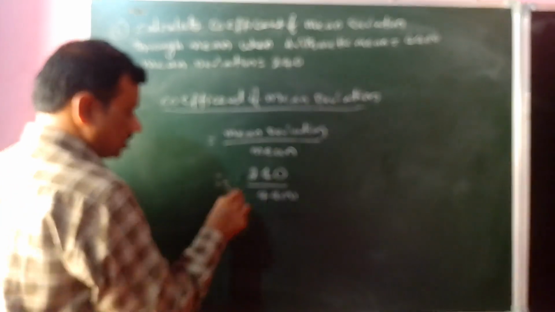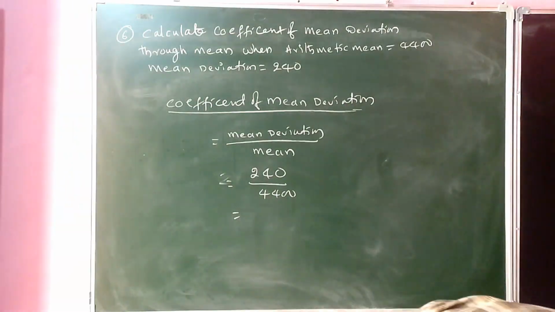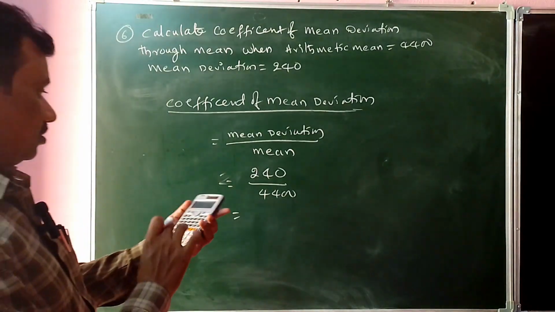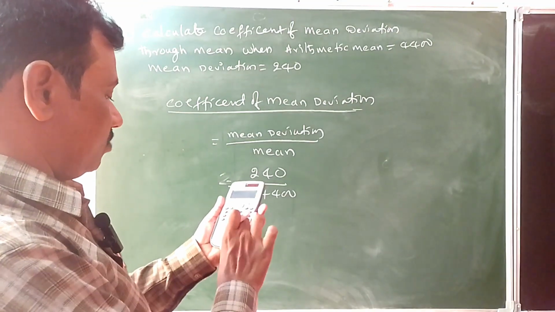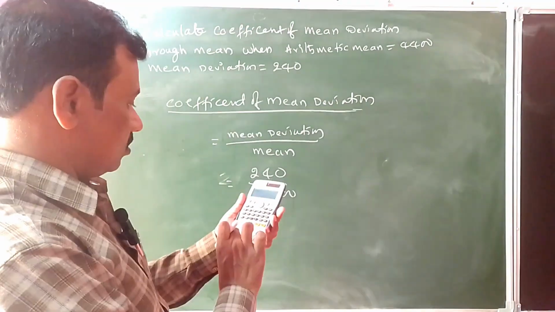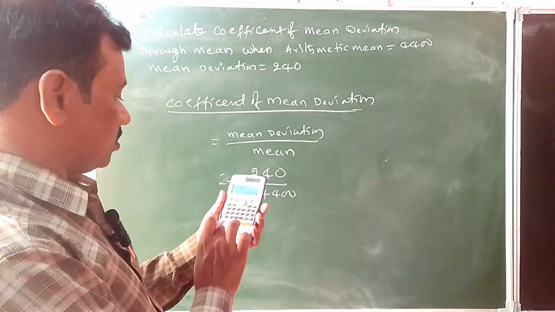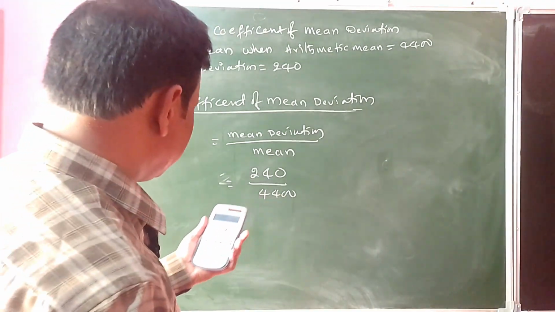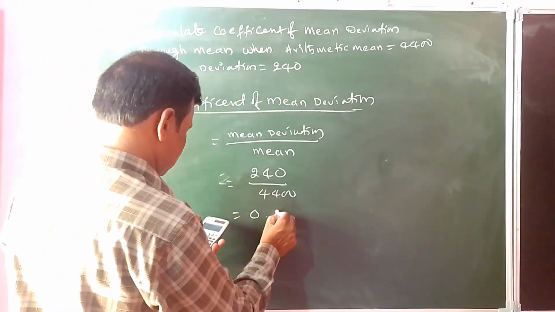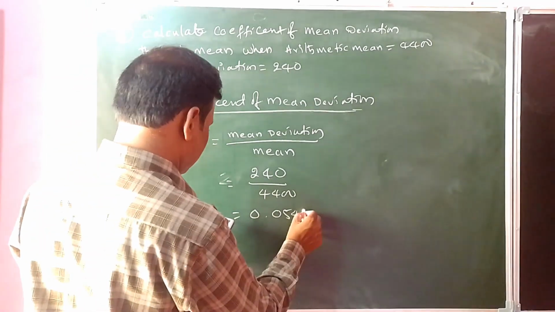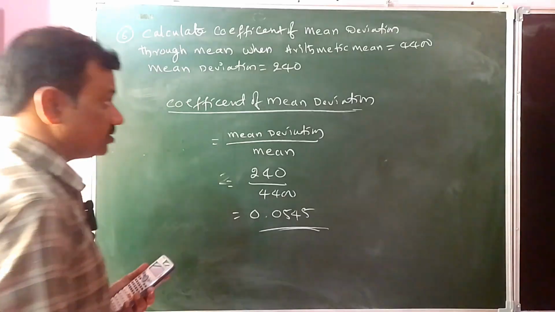So finally the answer is 240 divided by 4400, which is 0.0545. That is the answer.